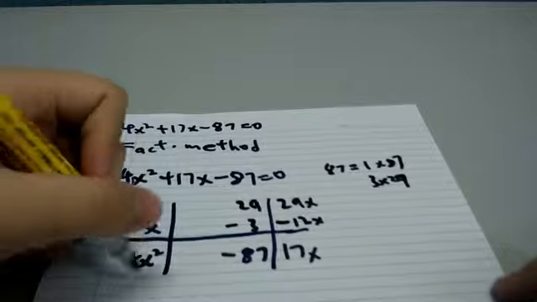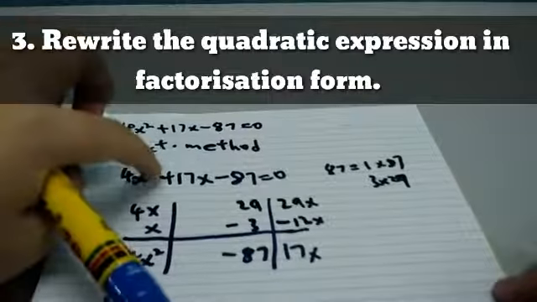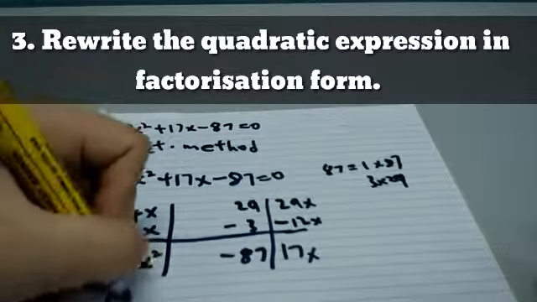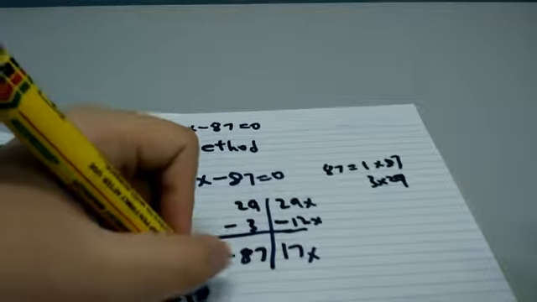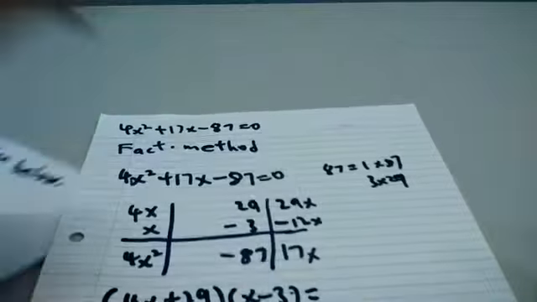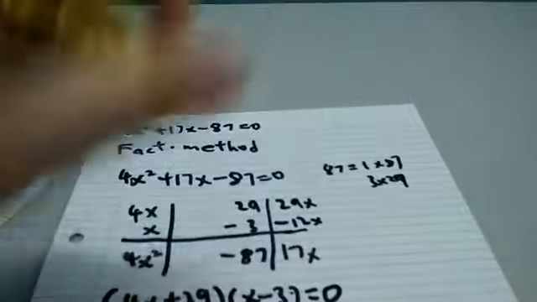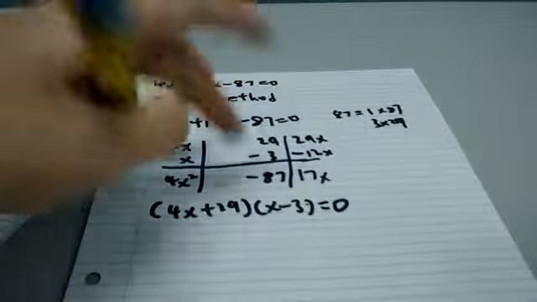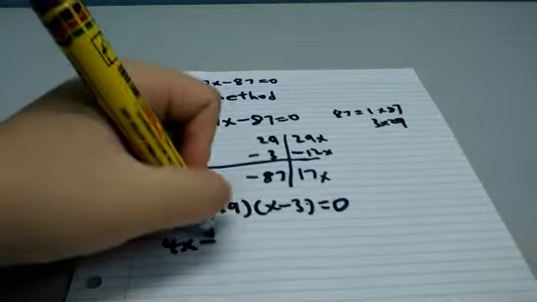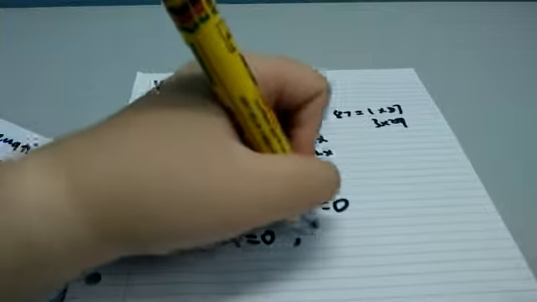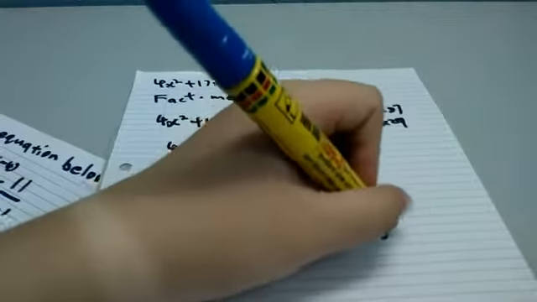expression. So let's rewrite the expression in the form of multiplication. So we have 4x plus 29 times x minus 3 is equal to 0. And then we have 2 possible expressions: 4x plus 29 is equal to 0, and x minus 3 is equal to 0.